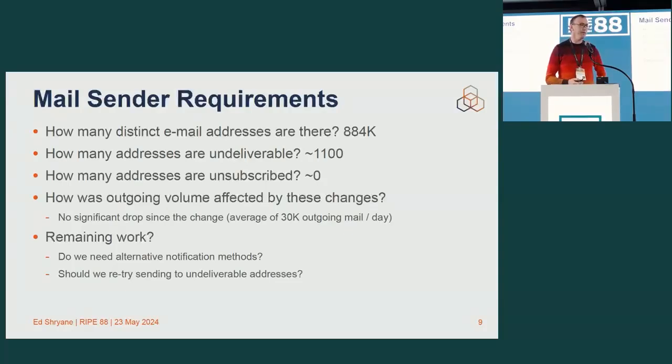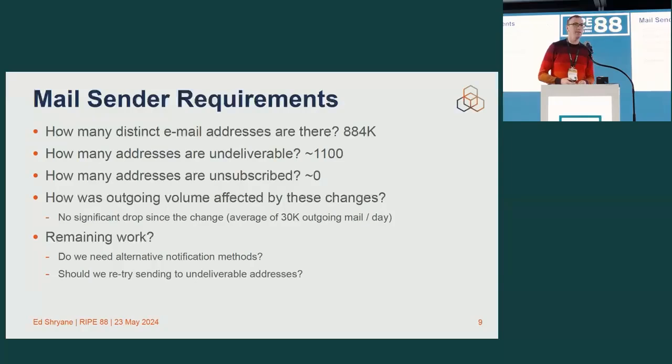So if one of these mail providers decides that we're spamming their users, then we really could have a problem, and there could be a lot of fallout. So should we investigate alternative notification methods? Maybe low volume, but for now, mail is the only option.